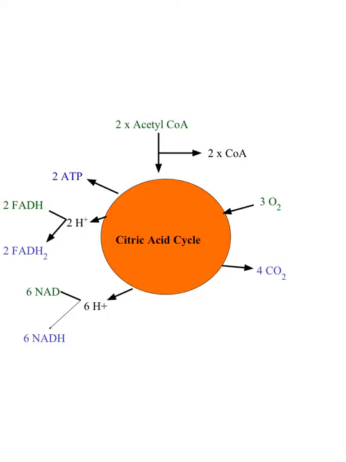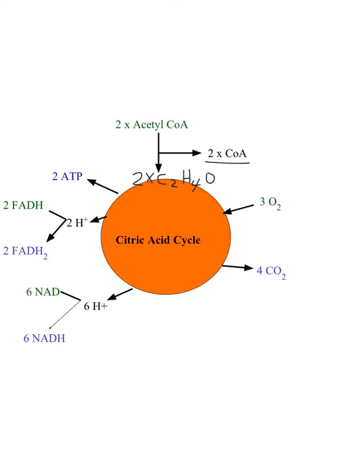Once again, we're going to take those acetyl coenzyme A's and strip off the coenzyme A. So what's left is just those acetyl fragments. Again, 2 carbons, 4 hydrogens, and 1 oxygen from the original glucose. But remember, there's 2 of these, right? So we actually have 4 carbons to deal with, 8 hydrogens, and 2 oxygens.